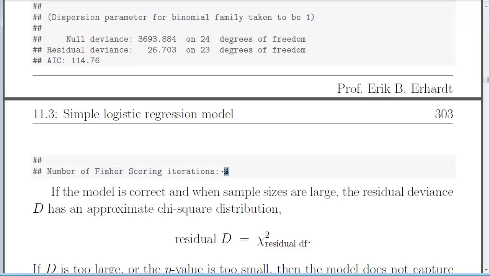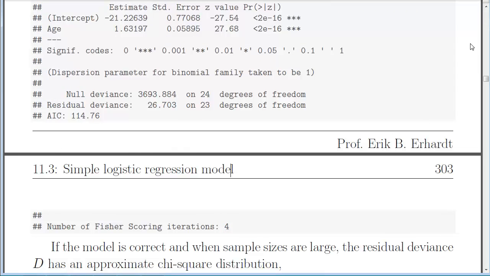It took 4 iterations. Basically, it starts at some guess value for the beta values, and each iteration brings you closer and closer to the best beta values. After 4 iterations, you got close enough to say I can't really improve substantially on my estimates, so I'm going to keep those.